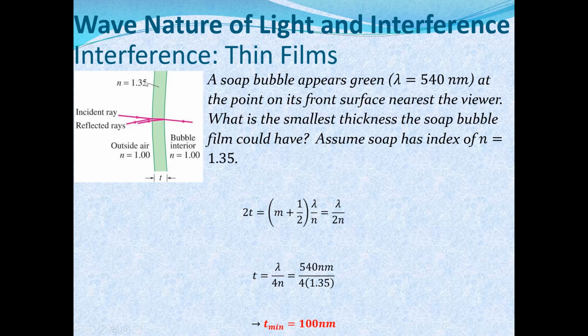So you may notice that when you're looking at a thin film in real life, it goes circularly, certain colors, and then as you get further out radially, it changes its colors.